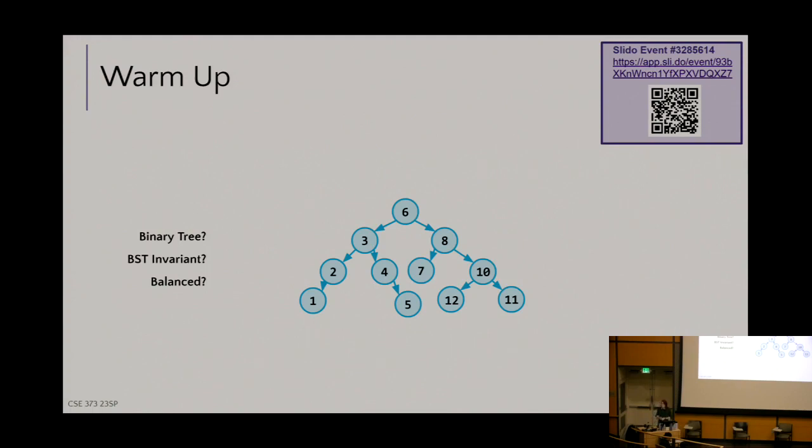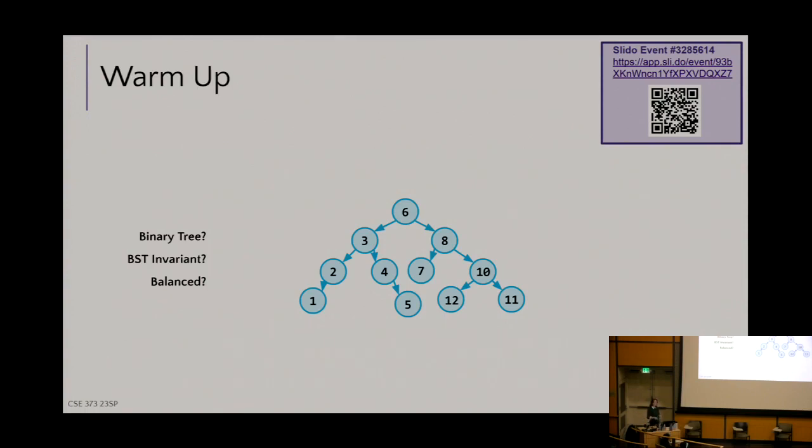Can anyone remind us the binary search invariant? What must be true about the ordering of the values for it to be a binary search tree? Yes, perfect. Our left children are always less than the root, and our right children are always greater than the root.